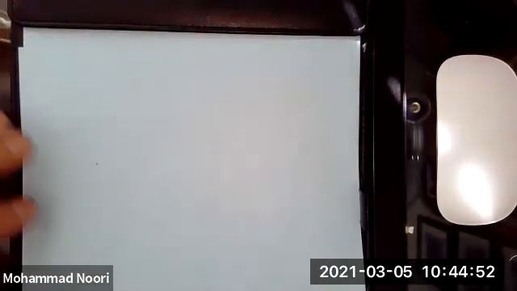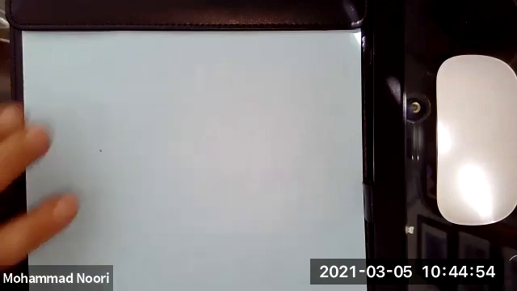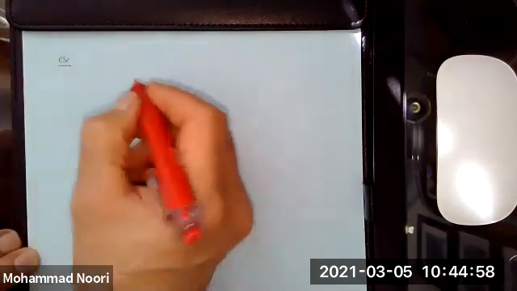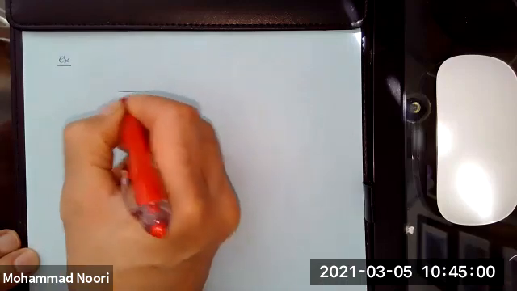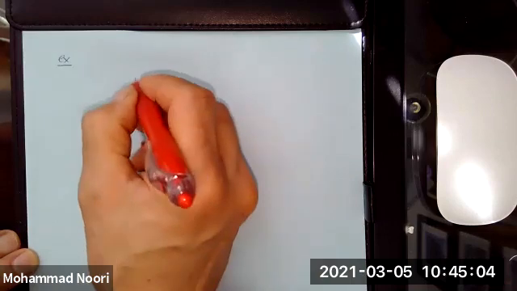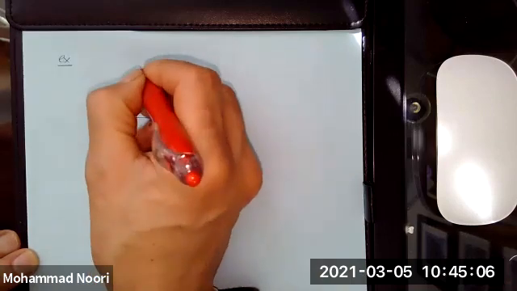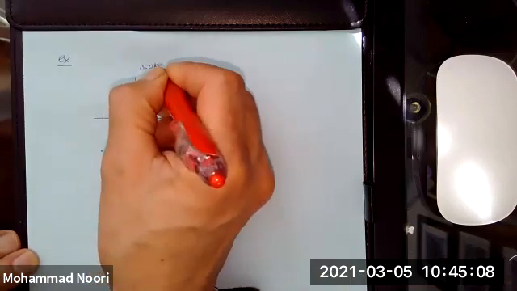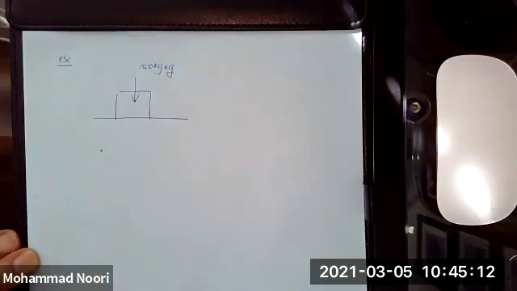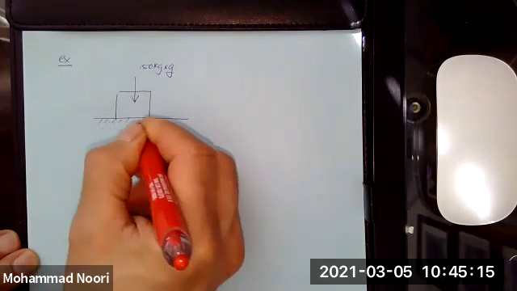This is another problem of type 1. Let's say you have a guy who's trying to move an object, a crate. This crate has a mass of 150 kilogram, so its weight would be 150 times the gravitational acceleration g.